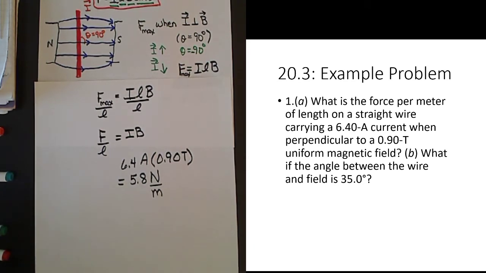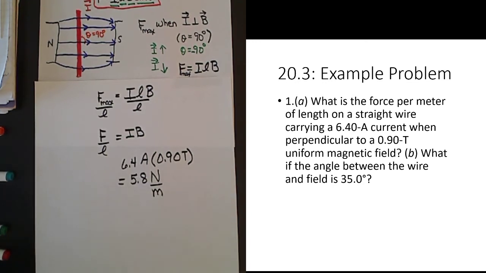So, can we determine the direction? So no, because not enough information is given. So we're not given a direction of current or a direction of the magnetic field.